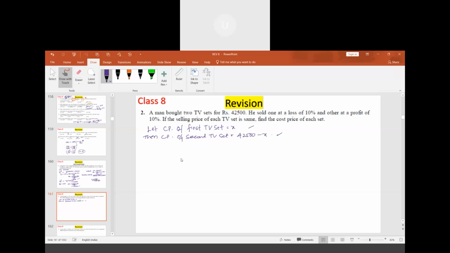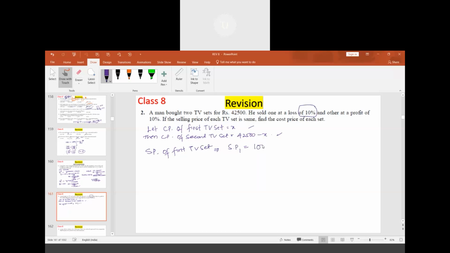From this we can find the selling price of the first TV set. Let me take this as SP1. This will be equal to X into (100 minus 10) divided by 100, because there is a loss of 10%.